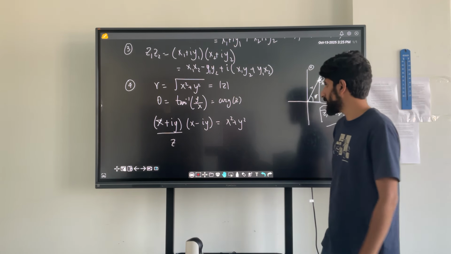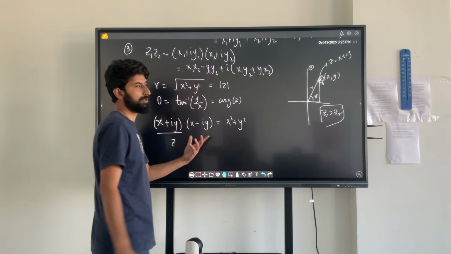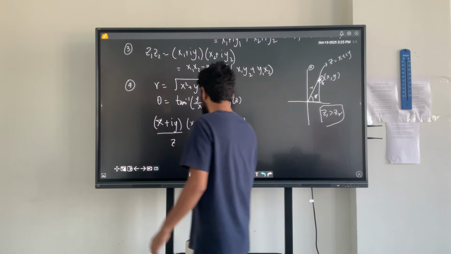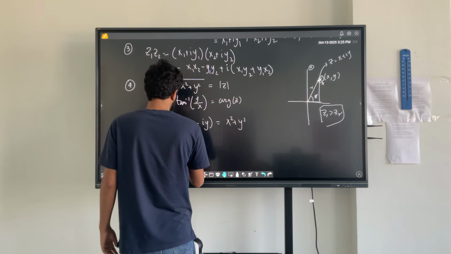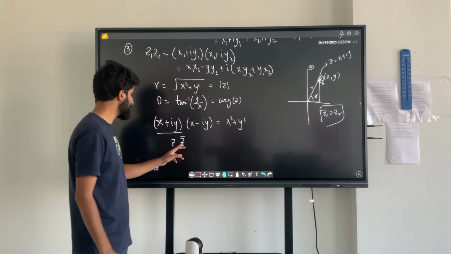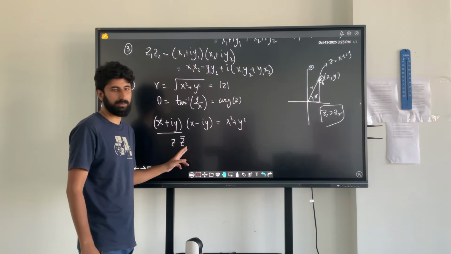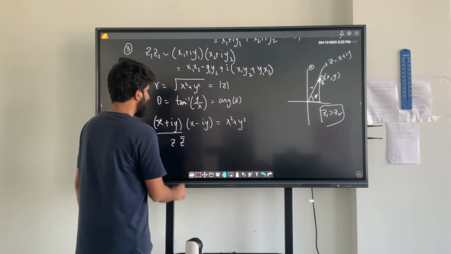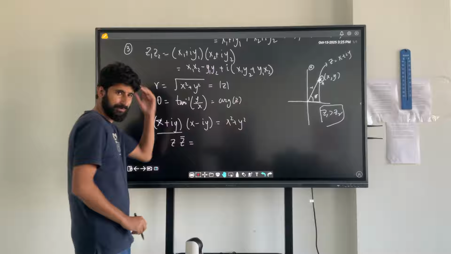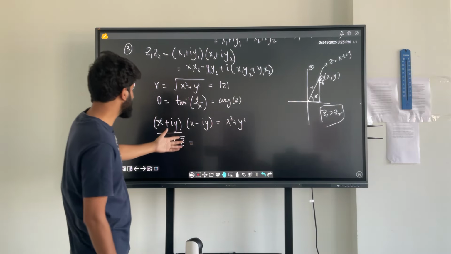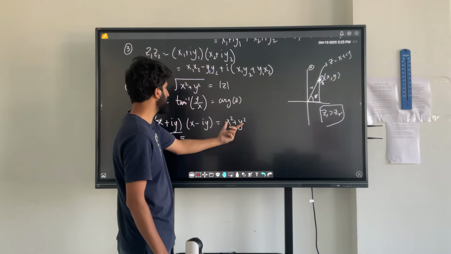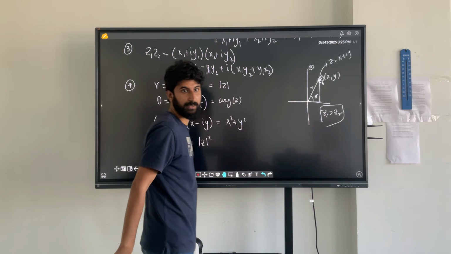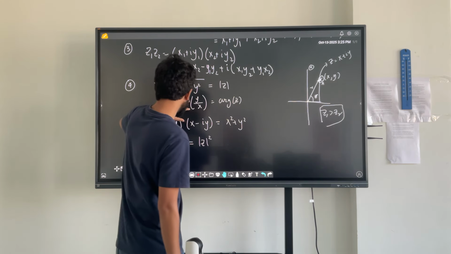If this is z, one way to represent the complex conjugate is to put a bar on the z. So z bar gives an equation which might be useful: this x square plus y square is just mod z square. Good.